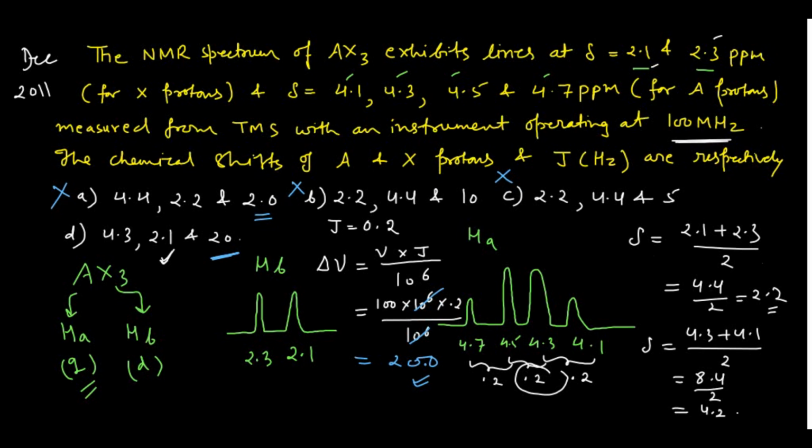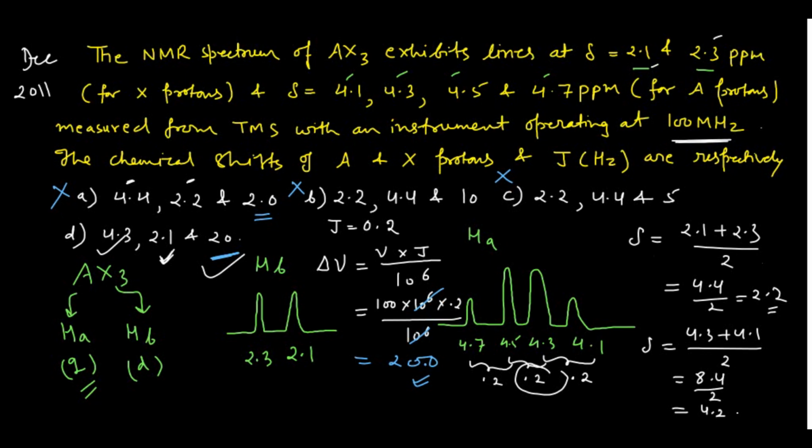So here you see this is 4.3, 2.1 and 20. So the coupling constant is making more sense in that case. However, you may have confusion because it is giving 4.4 and 2.2, so you may consider this would be the correct one.